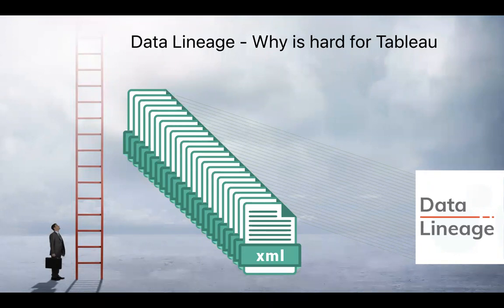When you have hundreds of thousands of XMLs, and you try to parse them to get your answer with one database change or one column change from a data source, you have to go through all the thousands of XMLs to figure out if anything is impacted. It's very, very difficult. It takes a lot of time, a very slow process.